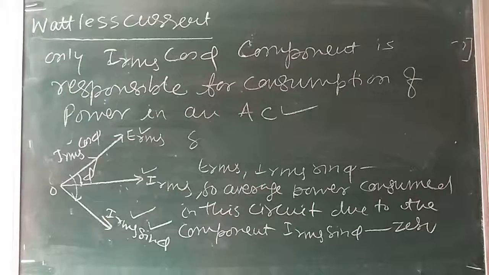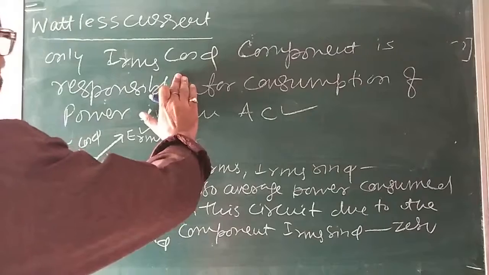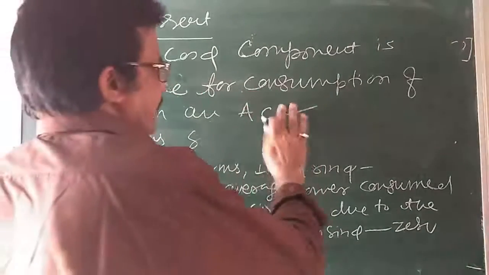Is it clear? Write down. So this component IRMS cos phi is responsible for the consumption of power in an AC circuit.